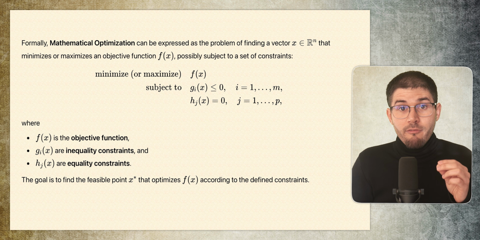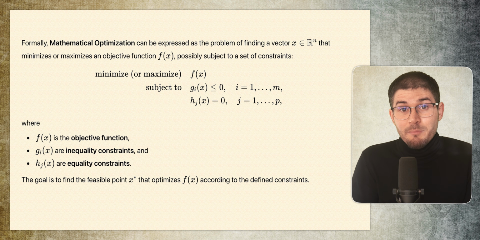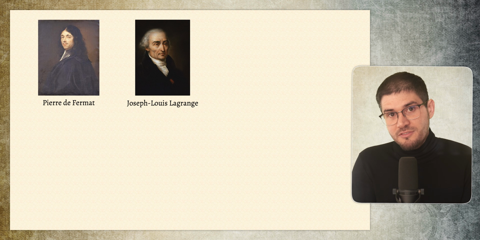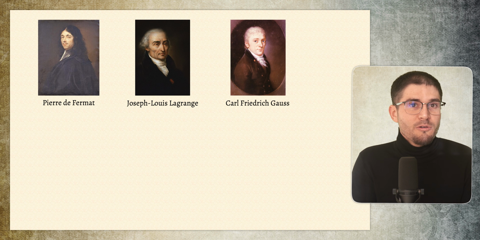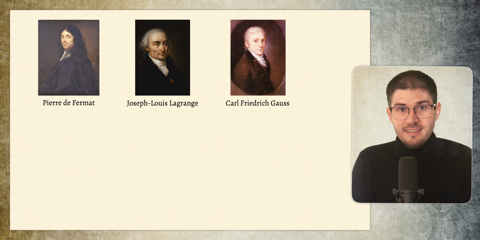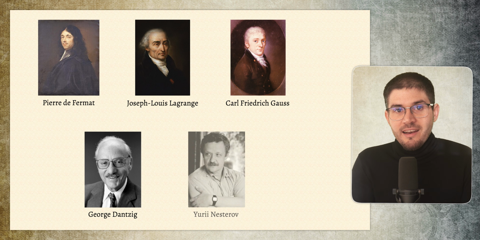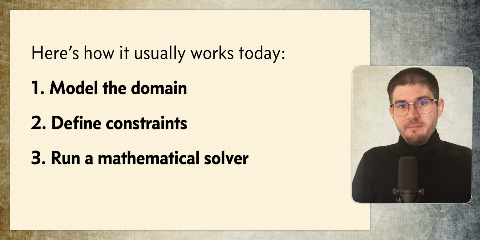The development of optimization techniques has been the focus of interest of mathematicians for centuries. Fermat gave us the derivative, Lagrange gave us constraints, Gauss gave us data fitting, Dantzig gave us algorithms, Nesterov gave us speed.